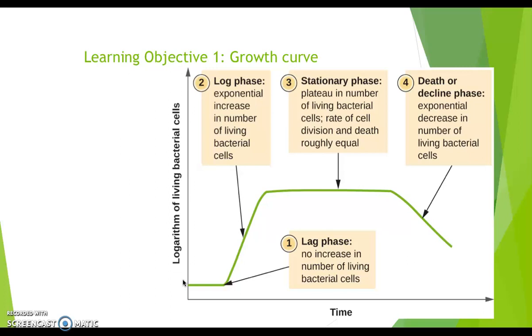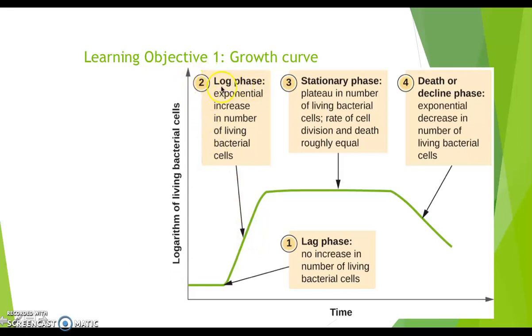It may take them some time to repair any damage or injuries to their cells from being transferred or moving to a new environment. It takes them some time to adjust to the new conditions. After they've adjusted and they have all the nutrients that they need, they've had a chance to repair any damage or problems to their cells, then they go into phase 2.